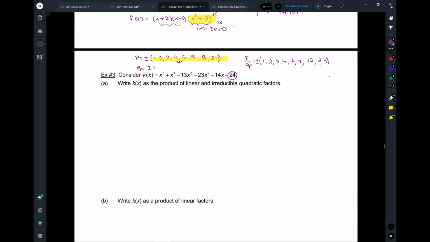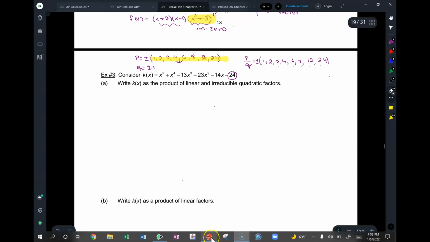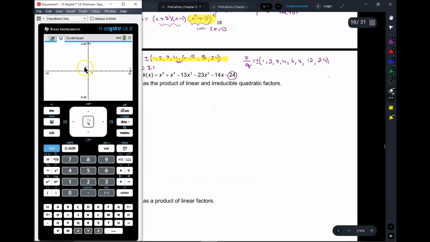So we would have to do synthetic division with every single one of these until we get one that gives us a zero. I know if I was in the room with you, I would see all of your eyes bulging out. But don't fear, because we're going to use a little bit of a shortcut. We're actually going to graph that function right here.